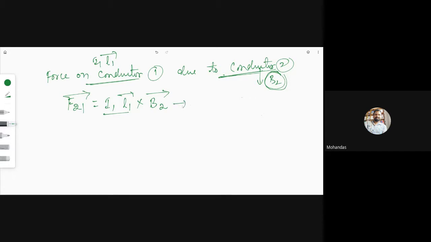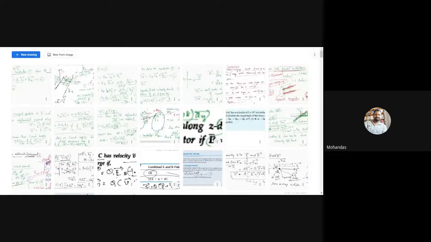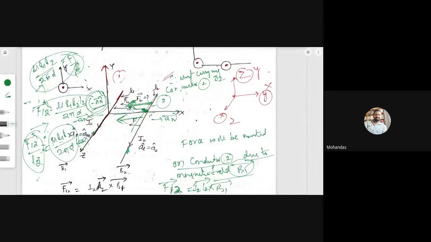Let us say this is equation 4. Now I need B2. B2 equals mu into H2. What is H2 here? The magnetic field intensity due to conductor 2 at a distance of D. Let me share the diagram again. Now tell me, what is this H2 at a distance of D?